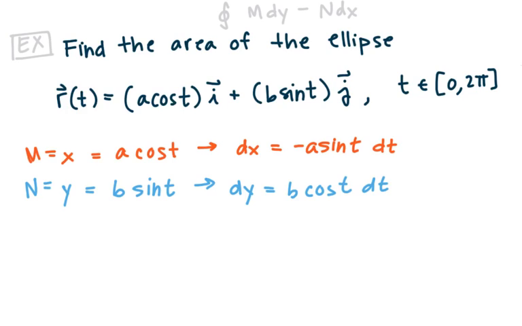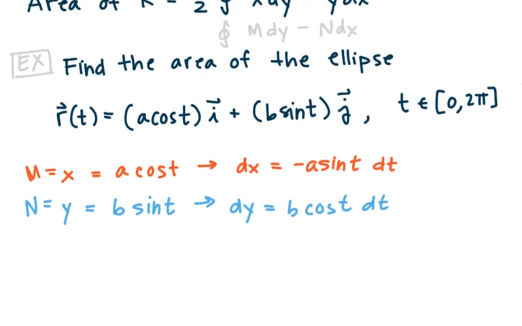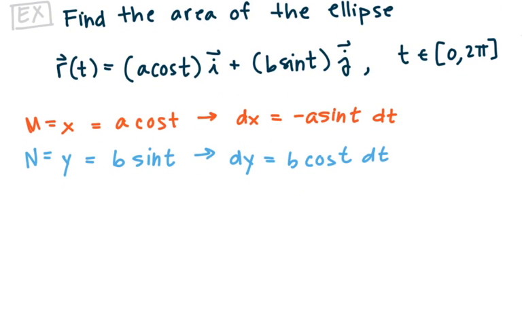Therefore, rewriting what we have up here, this line integral is going to be the integral from 0 to 2 pi of x times dy minus y times dx, or 1/2, again, the integral from 0 to 2 pi. My x value is a cosine t, and we have that times dy, which is b cosine t.